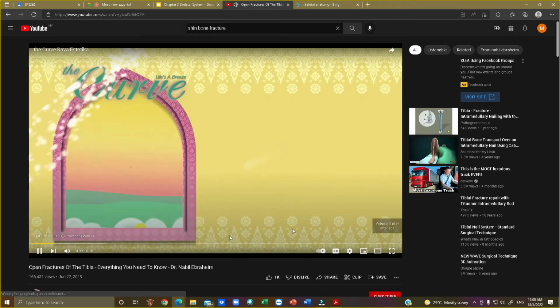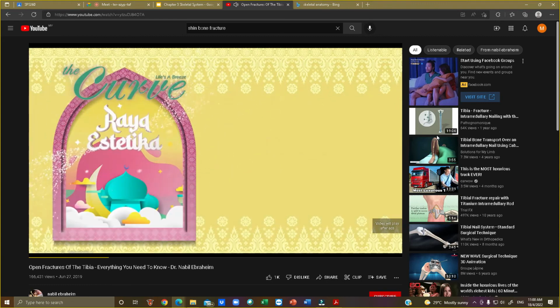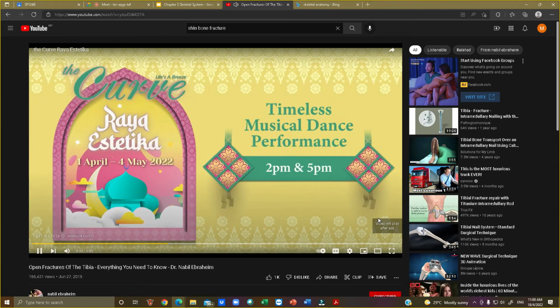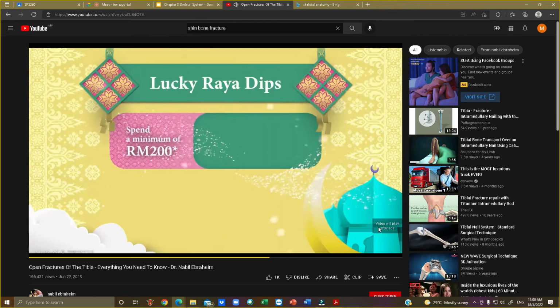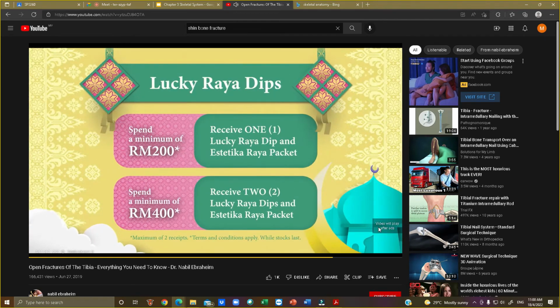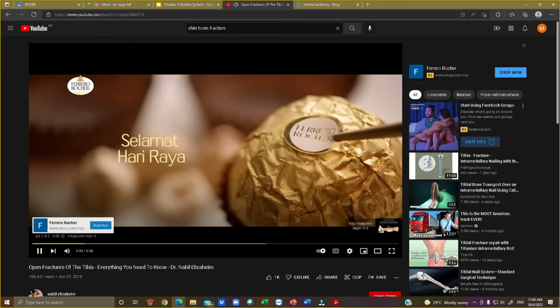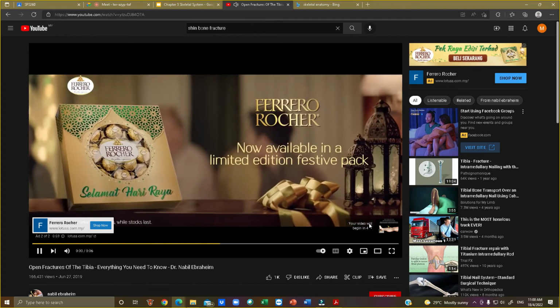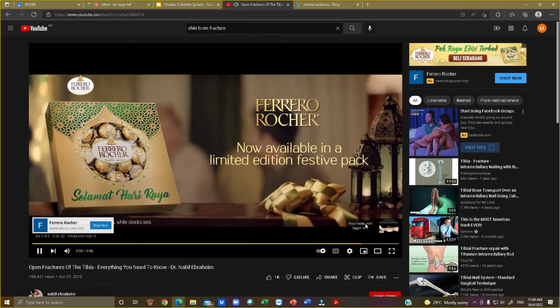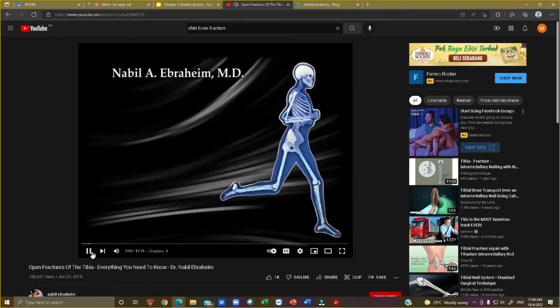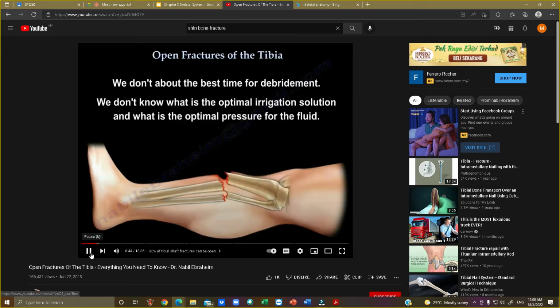Kenapa dia tak jadi macam ni? Soalan ni, belum pasal dia tunjuk gambar-gambar mengarut lah ni. Okay, so the question will always be, why does that fella's leg not break like this?